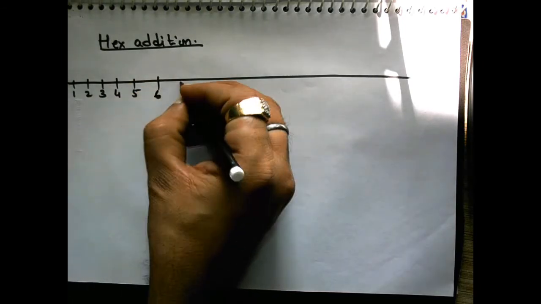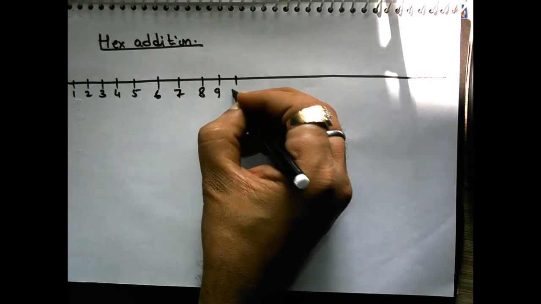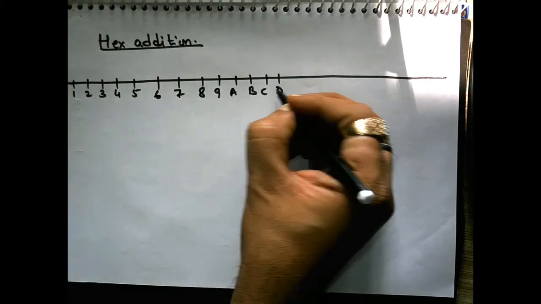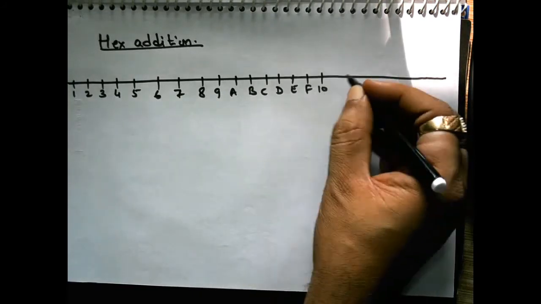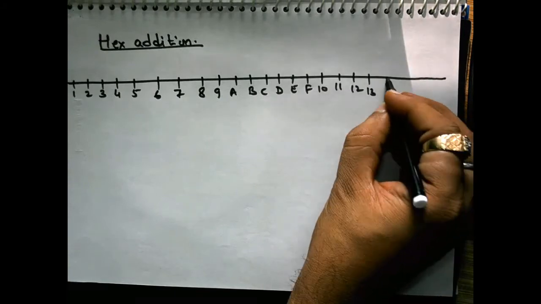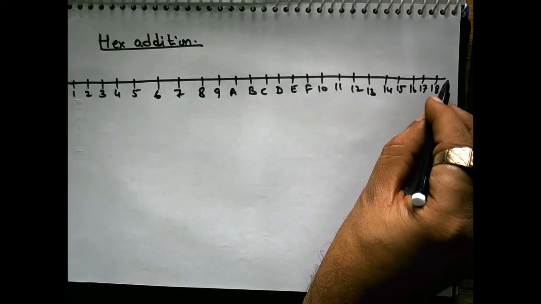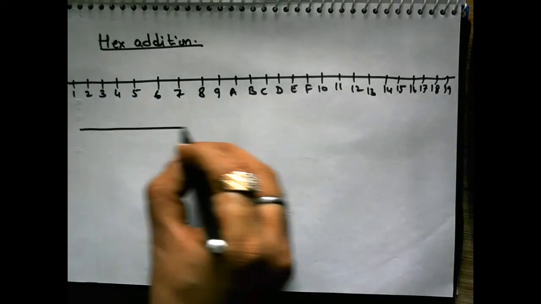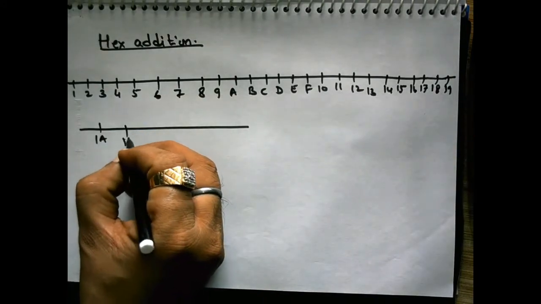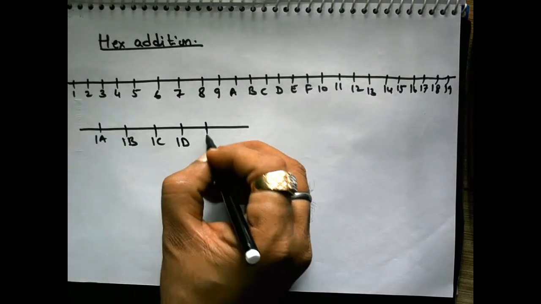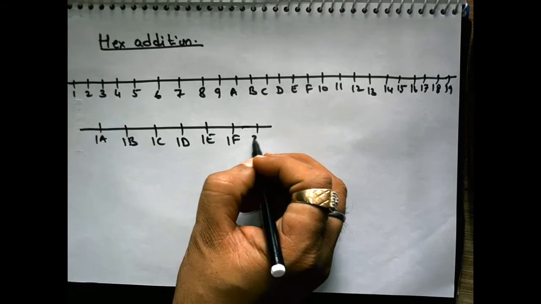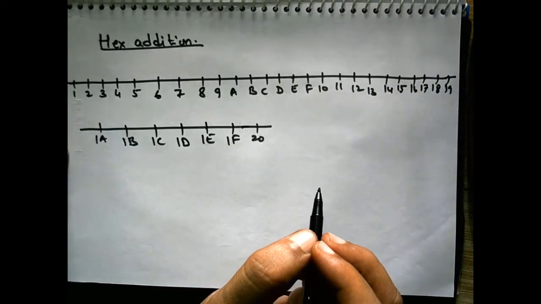So if we write down the number line in hex, it is 0, 1, 2, 3, 4, 5, 6, 7, 8, 9, A, B, C, D, E, F, then 10, 11, 12, 13, 14, 15, 16, 17, 18, 19, and if you propagate this way, 1A, 1B, 1C, 1D, 1E, 1F, and then 20. This is the number line of hexadecimal numbers.